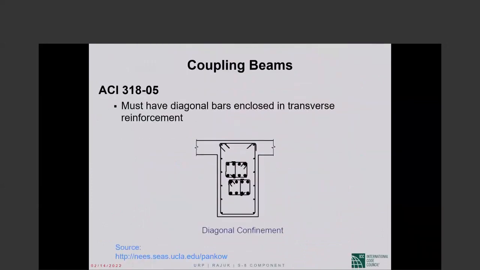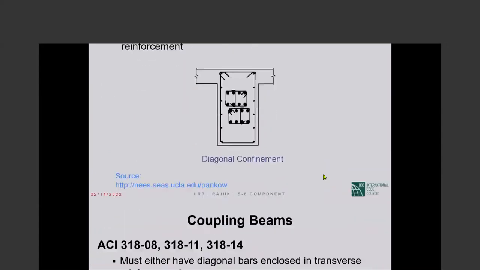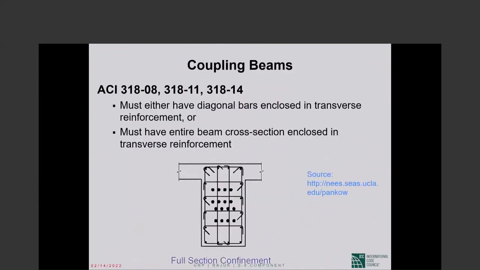Now up until 318-05, the individual diagonals had to be confined. We had no choice. Starting with 318-08, based on John Wallace's tests, we have provided a second alternative where instead of confining the individual diagonals, you can confine the entire coupling beam cross-section very tightly.